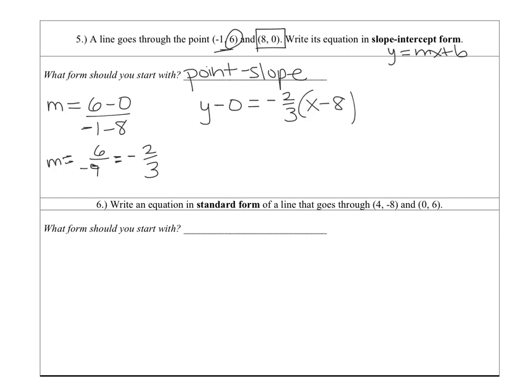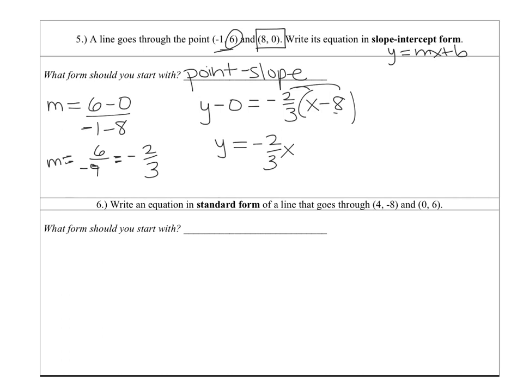Now, y minus 0 is just y, right? So that's just y. Or if I add 0 to both sides, that 0 is going to go away. Distribute the -2/3, and you're going to get -2/3 x, and then multiply -2/3 times -8.